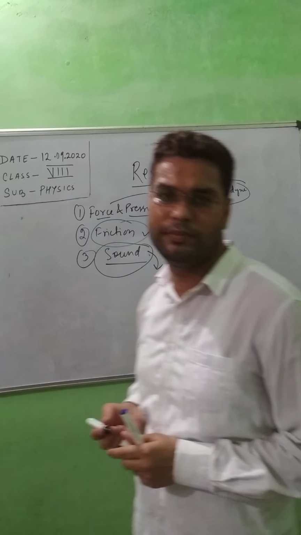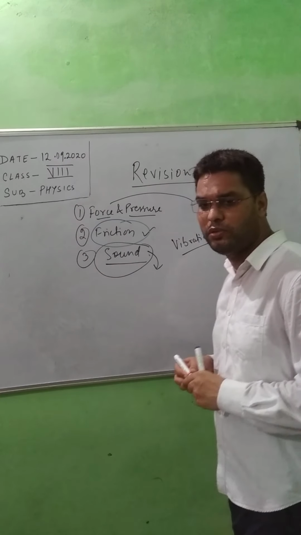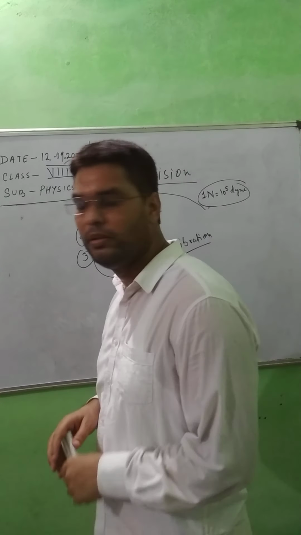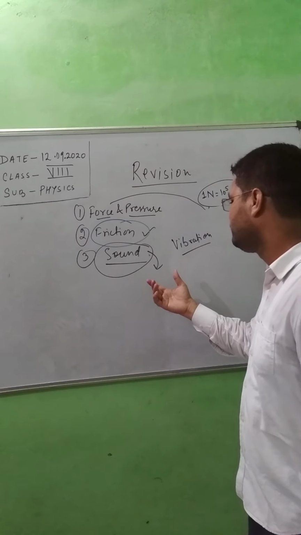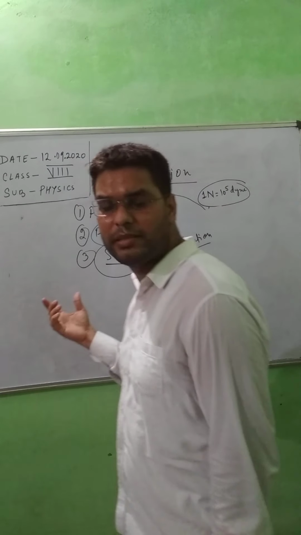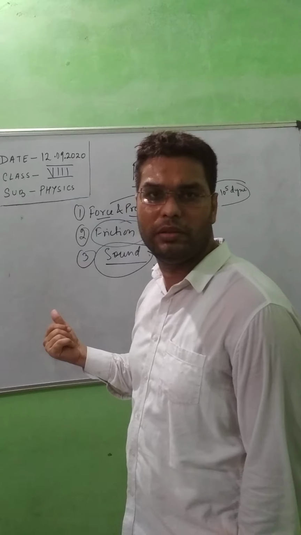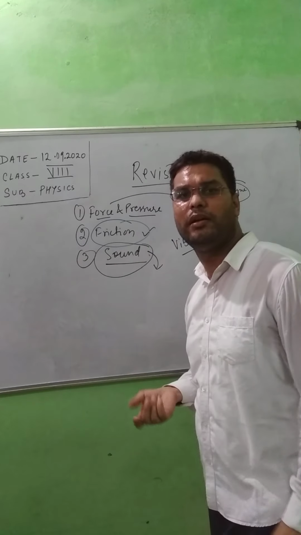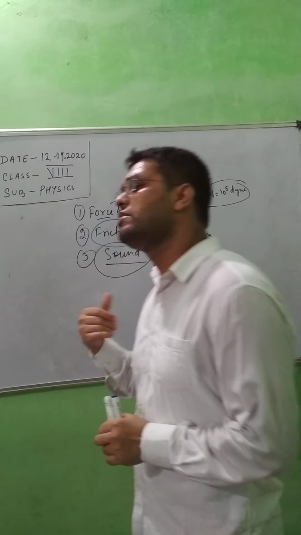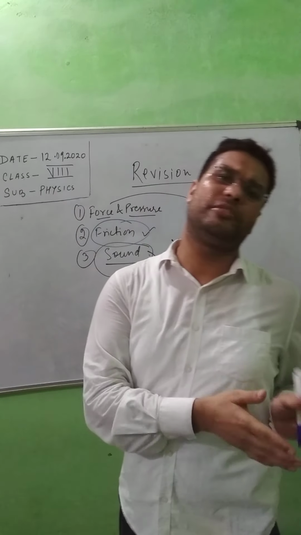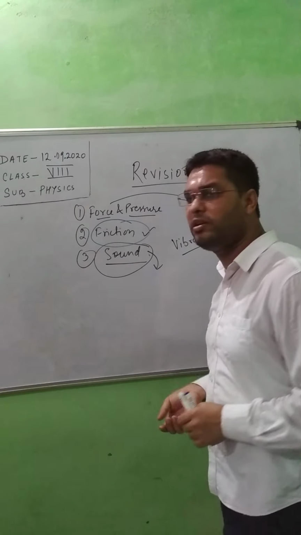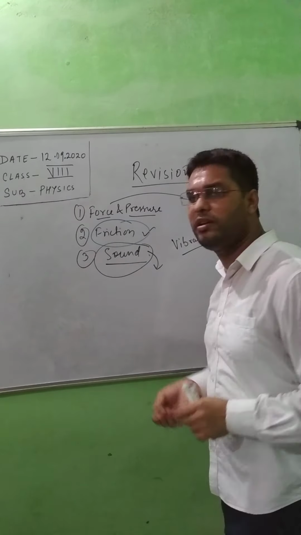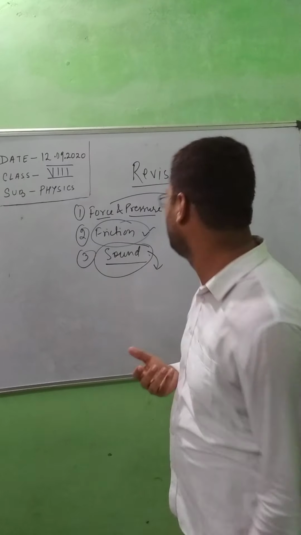To and fro motion. We have also studied that the speed of sound is more in solids as compared to liquids, and more in liquids as compared to gases, because in solids the intermolecular spacing is less, but in gases it is very high.